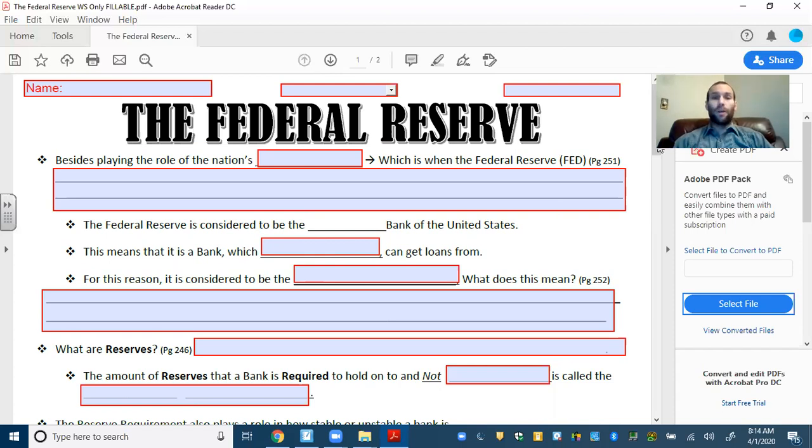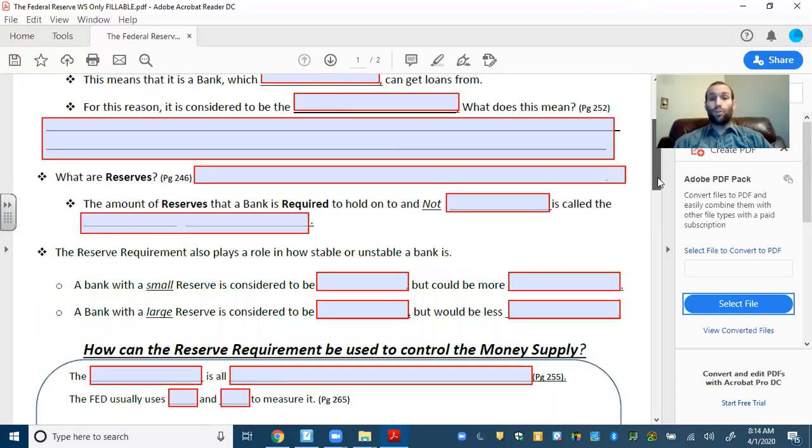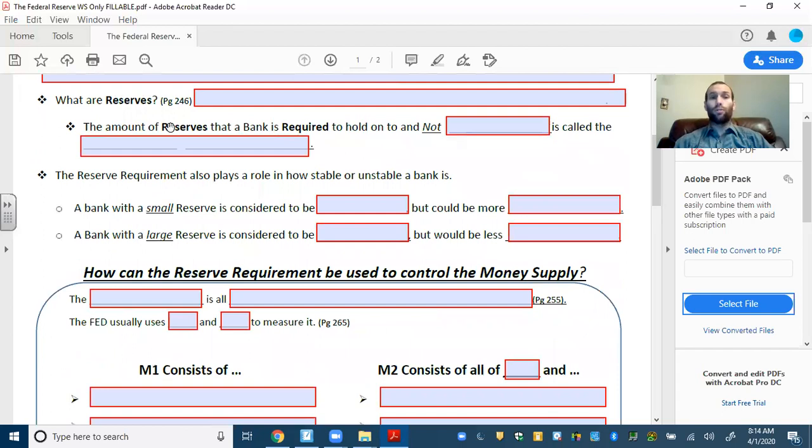Also, the Federal Reserve controls the reserve requirement. Remember, the reserve requirement is the amount of money that a bank has to hold on to and cannot lend out. So what the reserve requirement does, it has 2 important aspects and qualities that affect it on a bank. One, a bank with small reserves is going to be considered to be less stable.